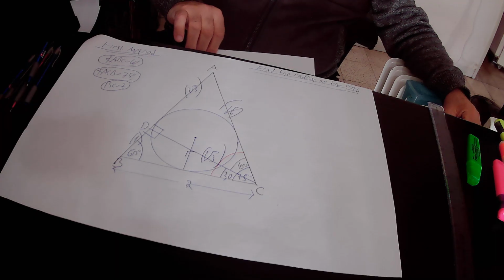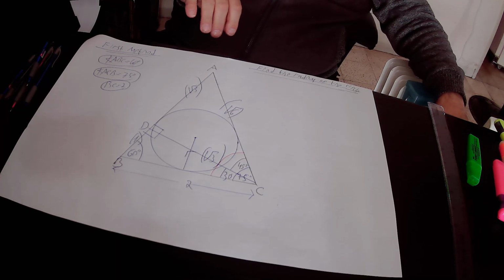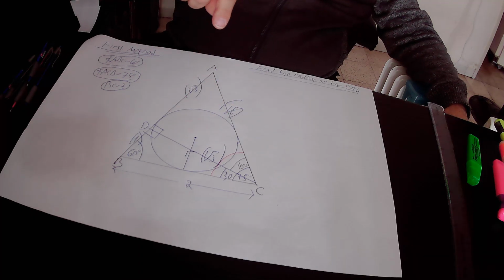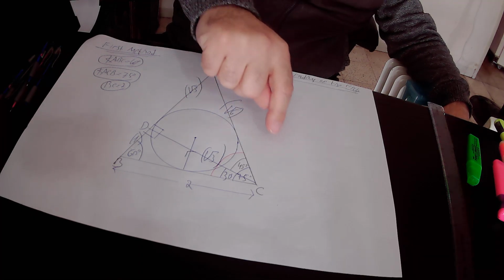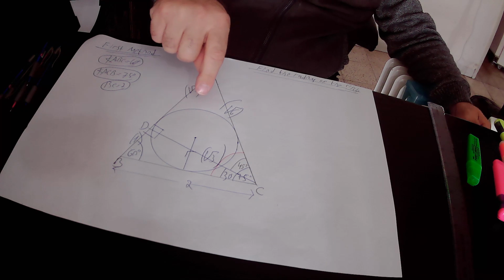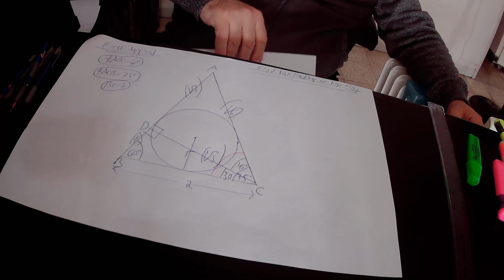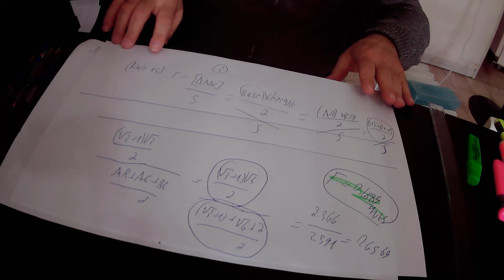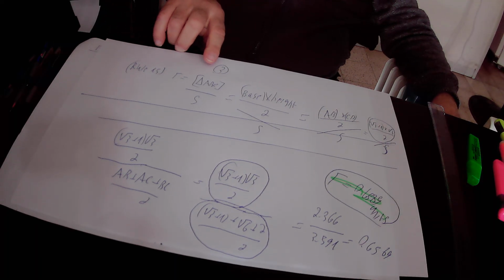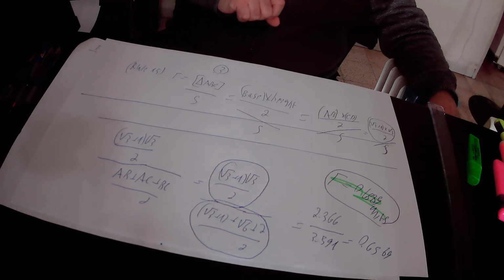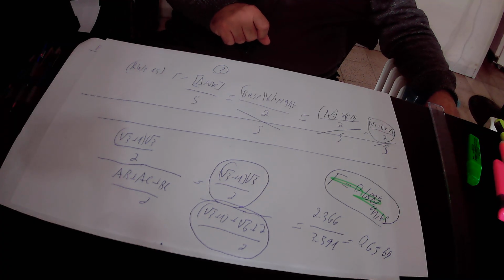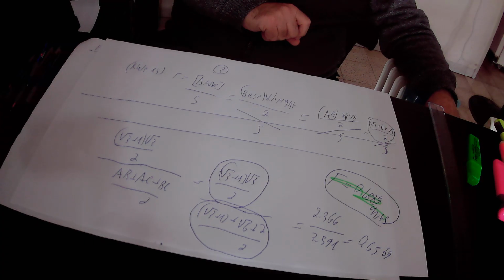So according to rule number 15, the radius R of this circle will be equal to the area of triangle ABC over the semi-perimeter of the same triangle ABC. The semi-perimeter is S, of course.